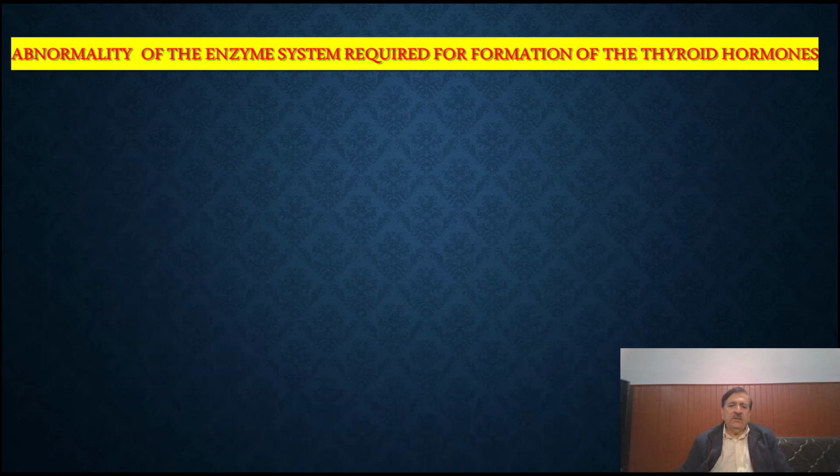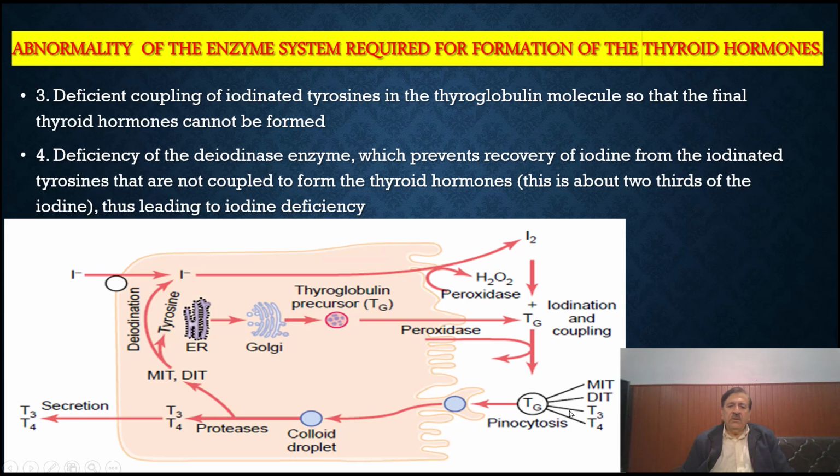Tapering of iodide of those tyrosine molecules to which iodine is attached, and the enzyme peroxidase which causes coupling of these. When there is deficiency of this molecule, the coupling does not occur and the regeneration of T3 and T4 is affected. That's why iodine deficiency or hypothyroidism develops.